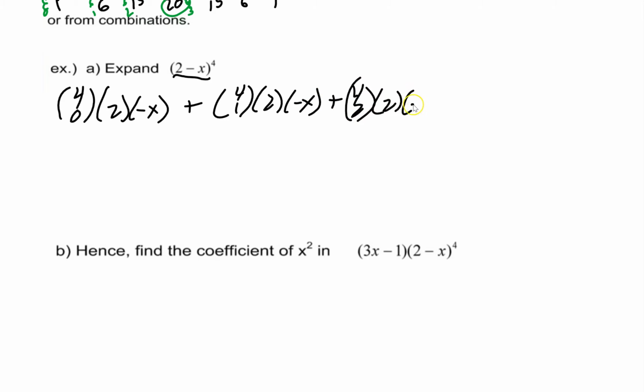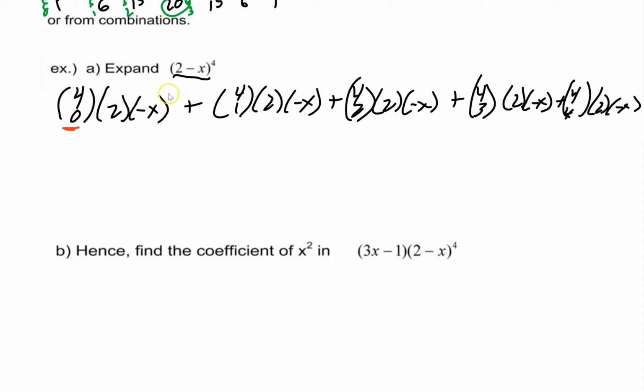I know I'm already bored myself. I just got to do it. 4C3, and then 4C4. Right, all those. Then we do the powers. So remember, the way it works is the bottom one matches the second one. These always match.